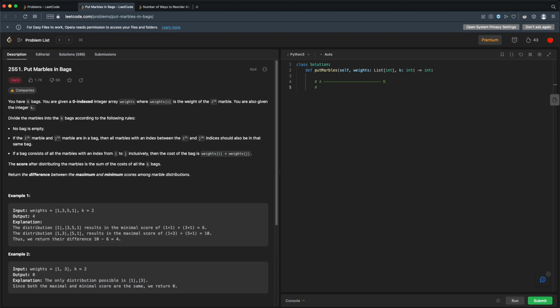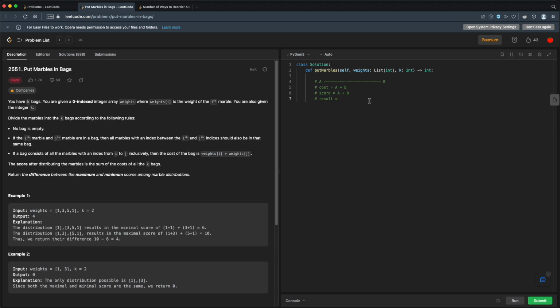So the cost for the bag is just A plus B. And the score for this distribution is just this one cost, so that's just A plus B as well. And now our result is just the difference between the maximum score and the minimum score. In this case, the maximum score and the minimum score are the same because there's only one bag, there's only one score.